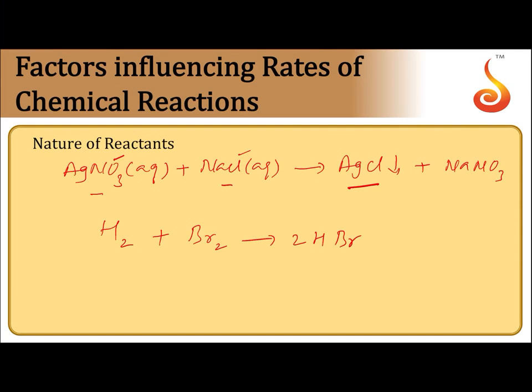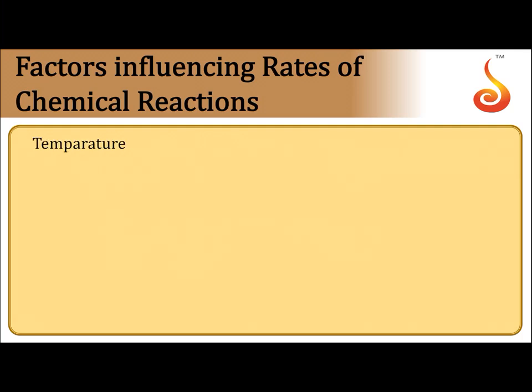The reaction is slow because at the time of reaction, H2 breaks down into two hydrogen atoms and Br2 breaks down into two bromine atoms. Then the atoms have to combine to form HBr. This takes certain time, and therefore the reaction is slow. So in general, covalent reactions are slow and ionic reactions are fast.